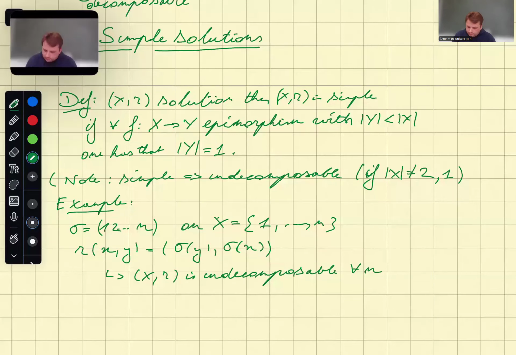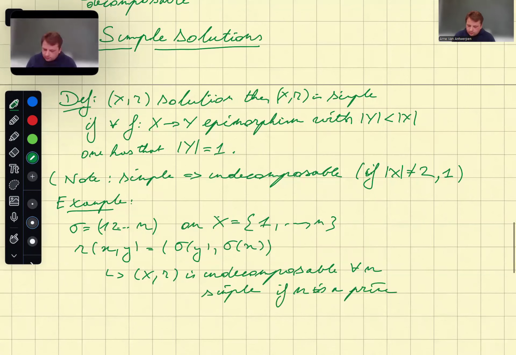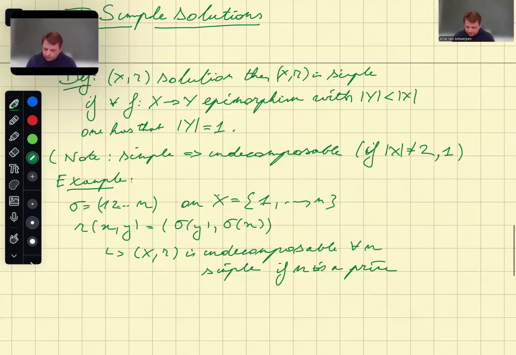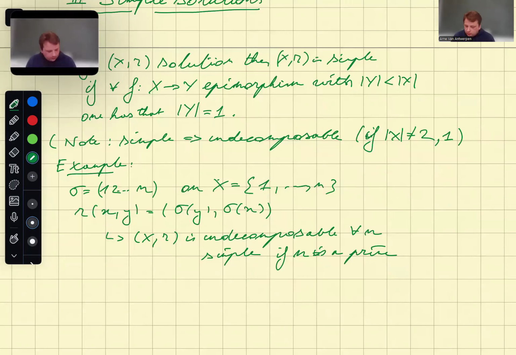Well, I think we all feel that it will be simple if your choice of n is a prime. Good. So these are Lubashenko examples of both indecomposable and simple cases.